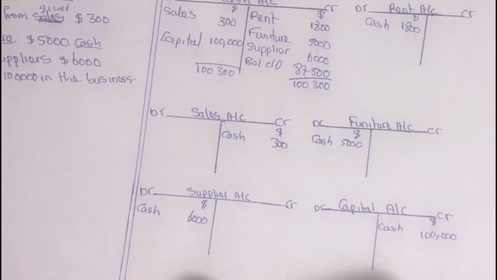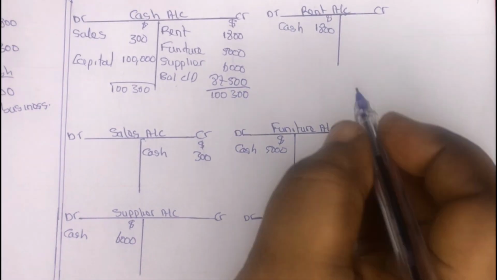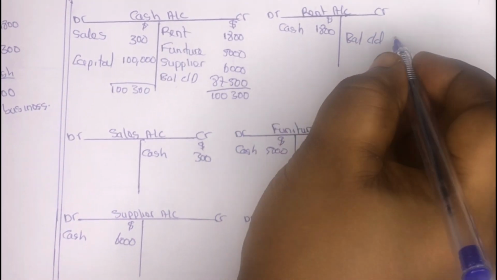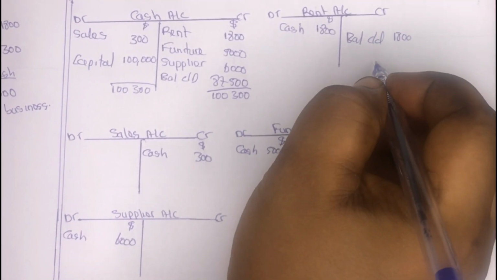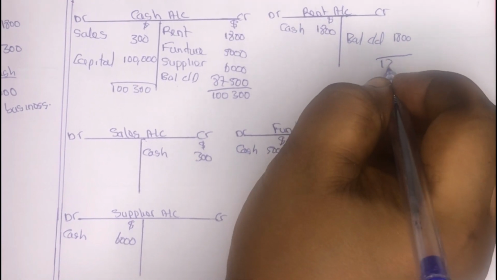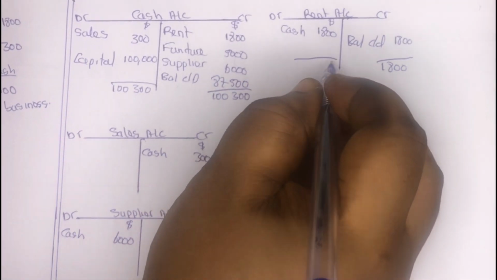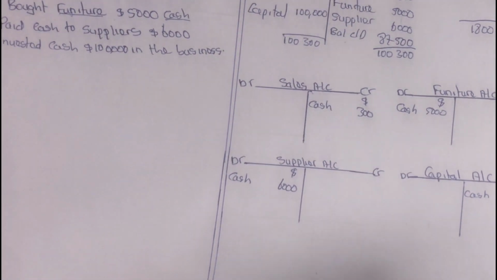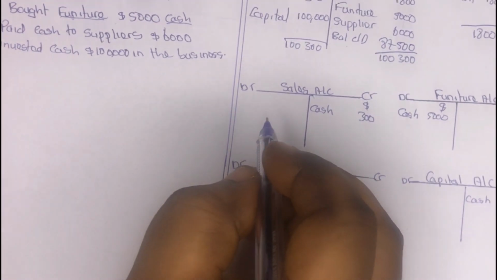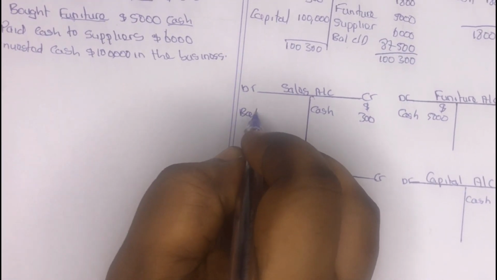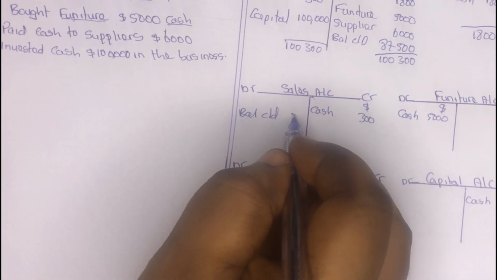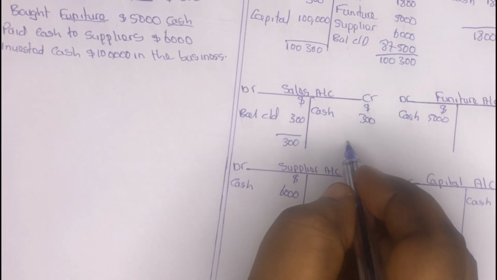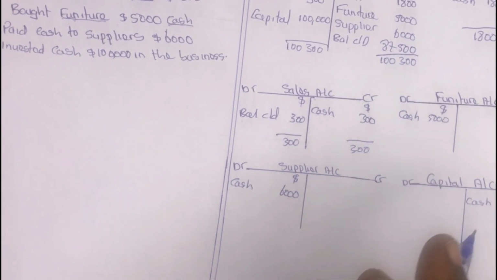So for the rent account, we put balance carried down of 1,800. So we have 1,800 and 1,800. So we go to the sales account. Here we have balance carried down, that is the closing balance, 300. So we have 300 here and 300.